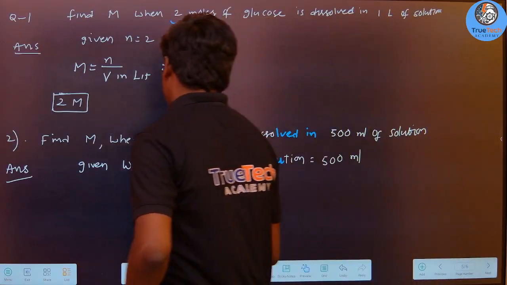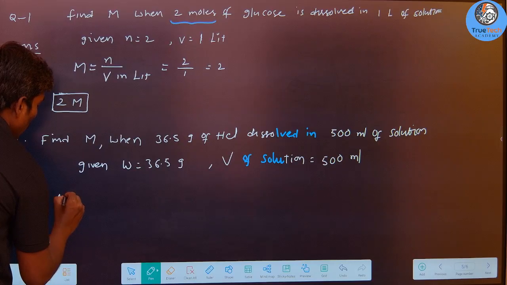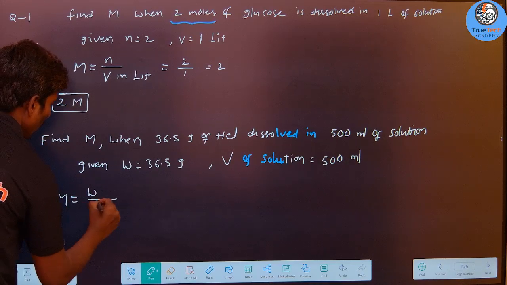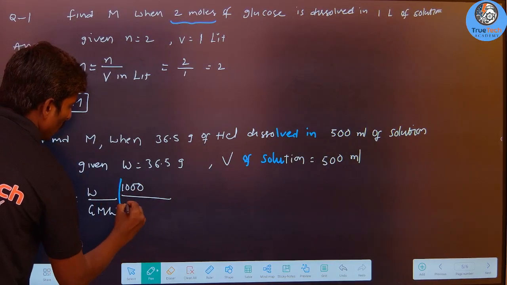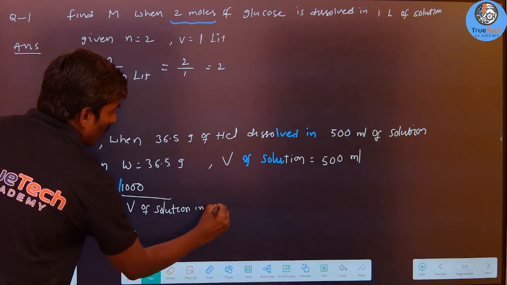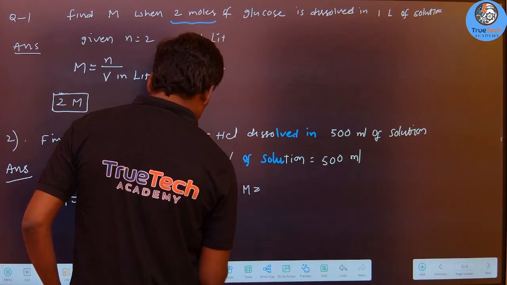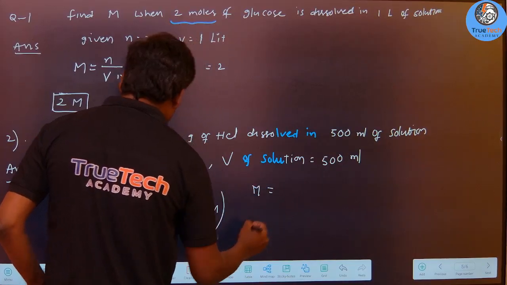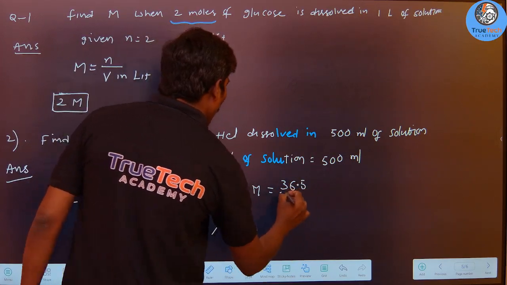So molarity equals weight by gram molecular weight into 1000 by volume of solution in ml. What is the weight? 36.5.